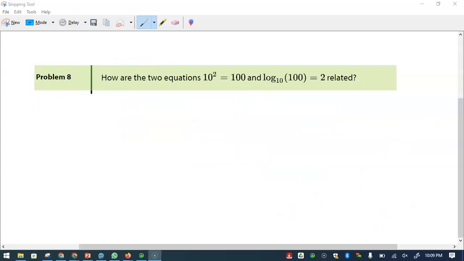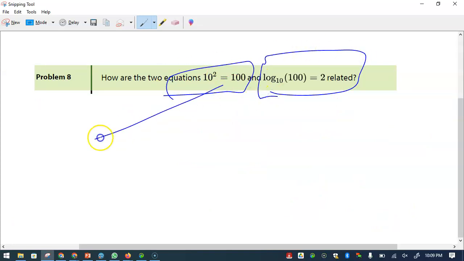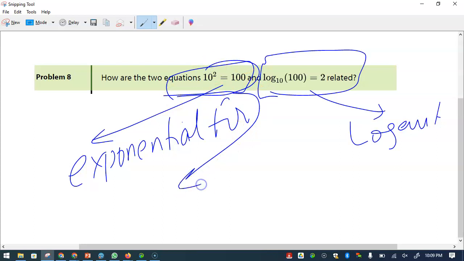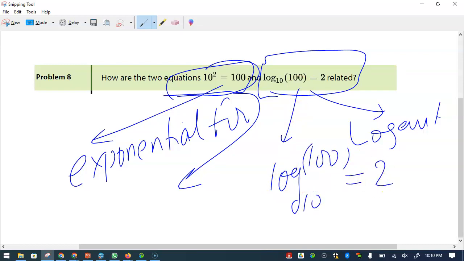So the final question is, how are these two related? Again, remember this is exponential form and this is logarithm form. When this is written down, it's the same as the logarithm of 100 to the base 10 is 2. What does that mean?